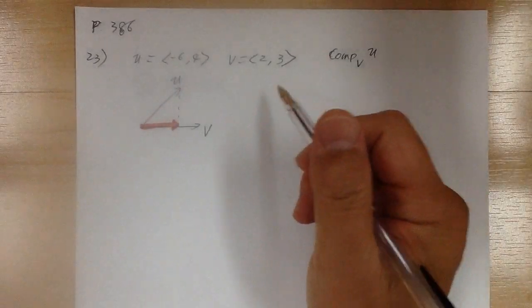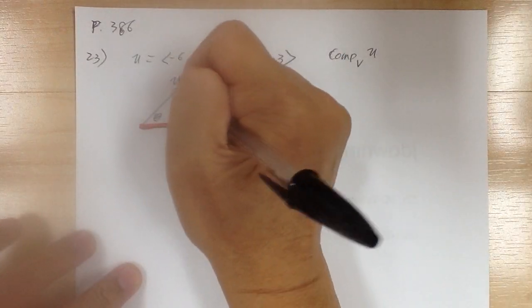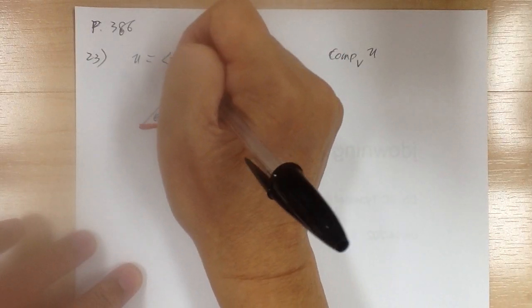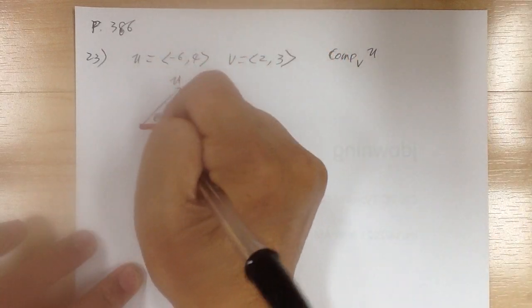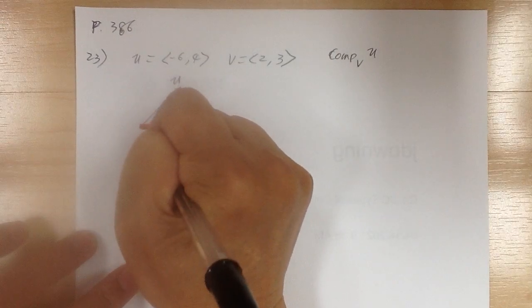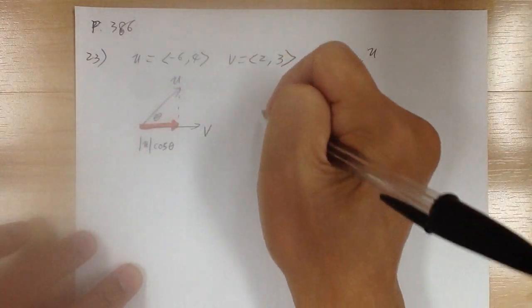So here's your theta. This is the angle between the two vectors. The shadow, imagine you have the light shining on this vector. So the shadow is that, and the length of this shadow would be the length of u times cosine of theta.